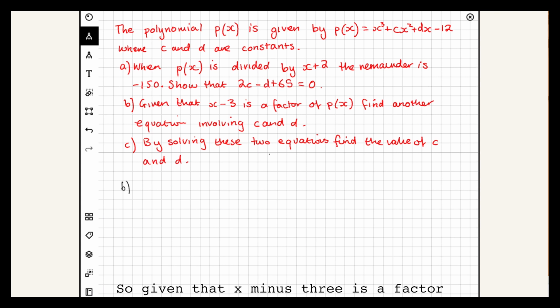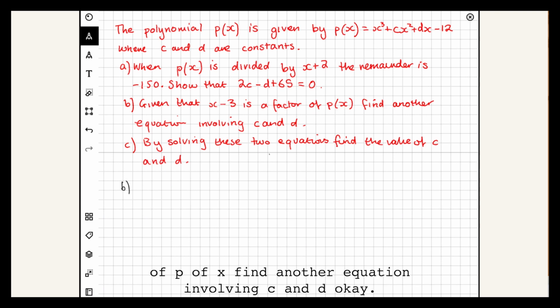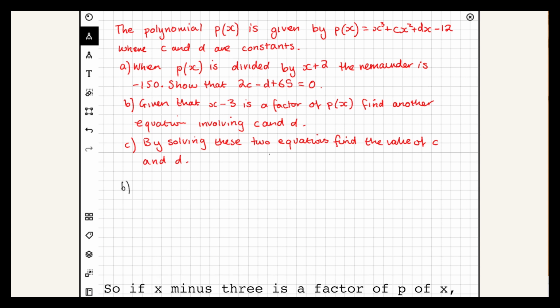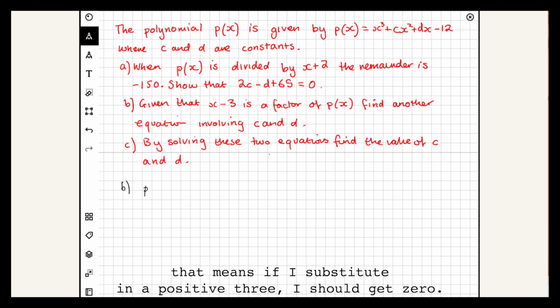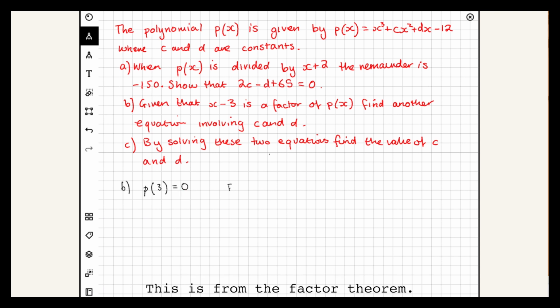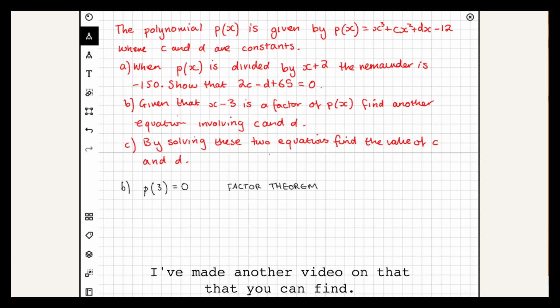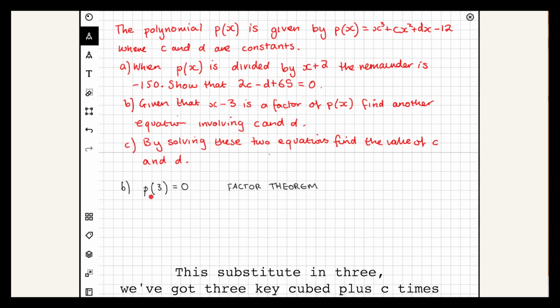Okay, so given that x minus 3 is a factor of p of x, find another equation involving c and d. So if x minus 3 is a factor of p of x, that means if I substitute in a positive 3, I should get 0. This is from the factor theorem, and if you need a reminder of that, I've made another video on that you can find. Okay, let's substitute in 3.